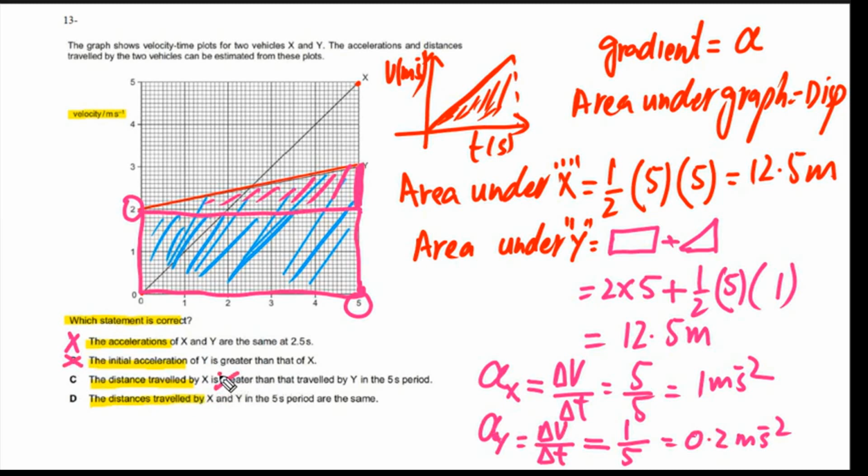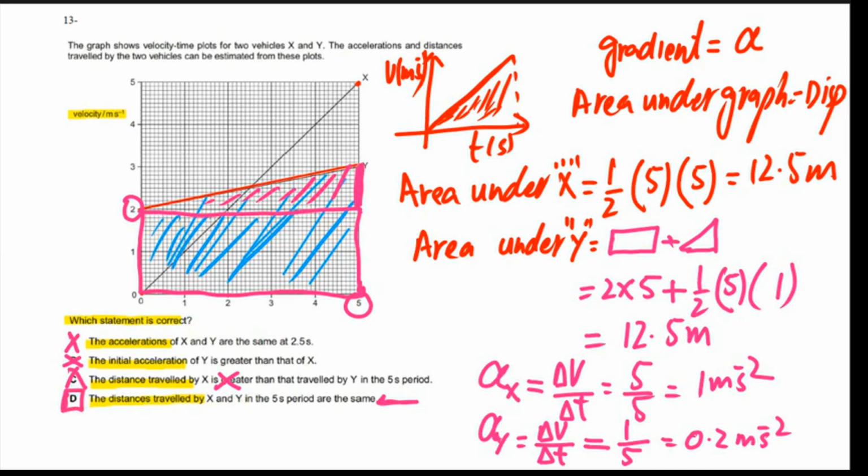No, it is not greater, actually it is equal. So this is also not the answer. The distance traveled by X and Y in the 5 seconds period are the same. Distance covered is the same. So this is our final answer.